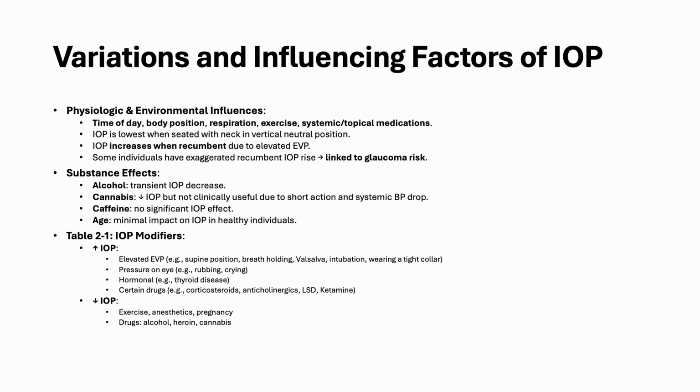On the other hand, IOP tends to fall with exercise, anesthetics, and pregnancy, as well as with substances like alcohol, heroin, and cannabis. Understanding these variations is important for interpreting IOP measurements in clinic and avoiding misclassification.